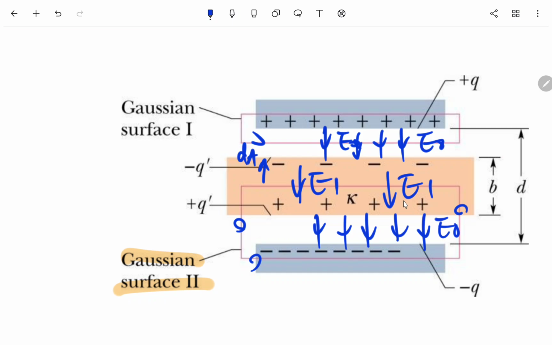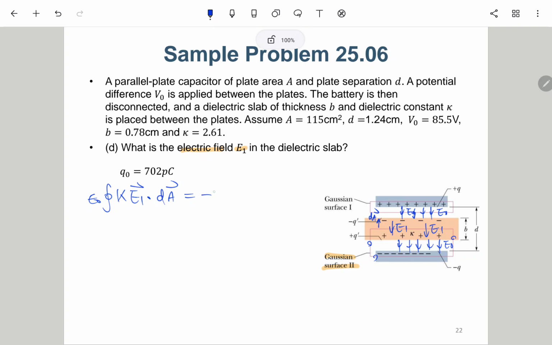Since we have already considered the kappa, we don't need to count the plus Q anymore. So we only need to count negative Q here.